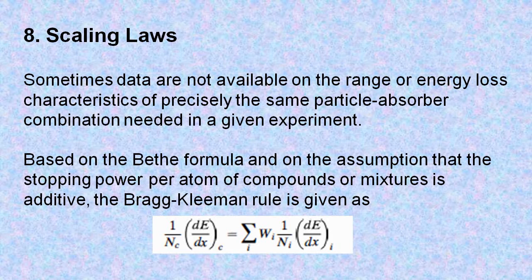For example, if you have a particular compound made up of, say, A, B, C, D, etc., and you know what is the range in A or B, C, D, etc. But when you are combining them for some experiments, you are making some compounds, but the property of that compound is not yet studied.